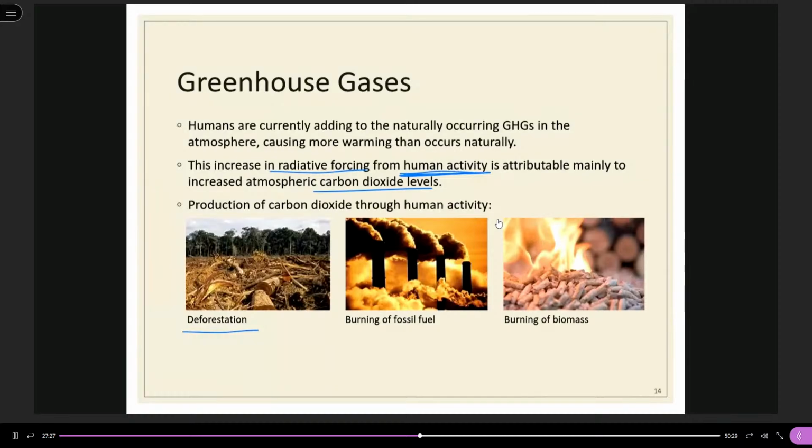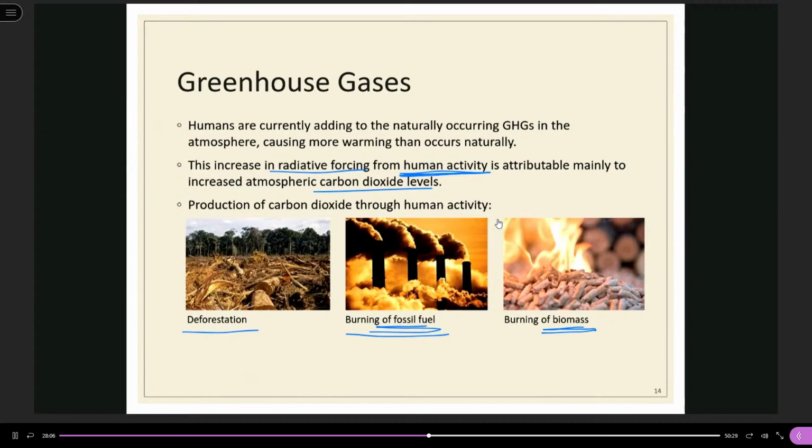And we burn the fossil fuels, okay, the coal, the natural gas, the petroleum. All these are fossil fuels. And burning anything would result in carbon dioxide. Burning biomass will also result in carbon dioxide. Biomass is treated as a renewable energy. Biomass will be the wood, maybe burning the waste from the animals, burning the dead bodies of the animals.